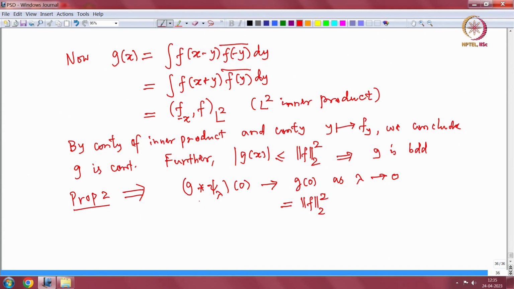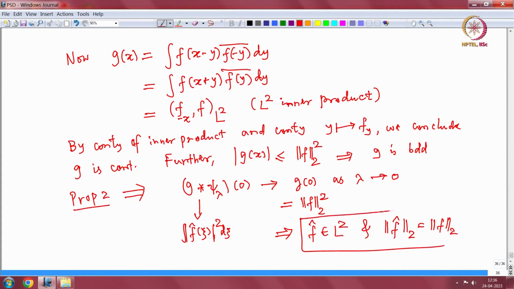But we have seen this as already the integral of f cap j squared. So that implies what we want: f cap is in L2 and this equality holds. This is the crux of the matter.